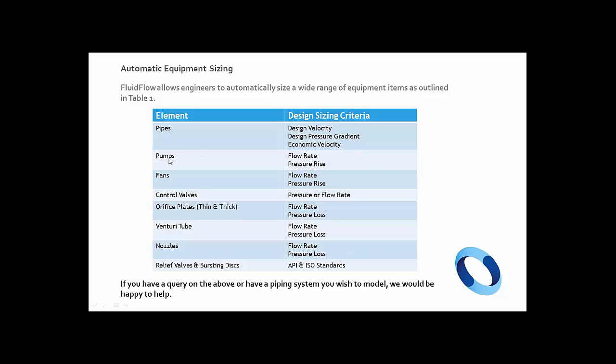You can size your pumps and fans by design flow rate or design pressure rise. You can size your control valves, so the software will calculate the CV based on a design pressure or flow rate for the system. You can size your orifice plates based on a design flow rate or pressure loss. And the same applies to your venturi tube and your nozzles.